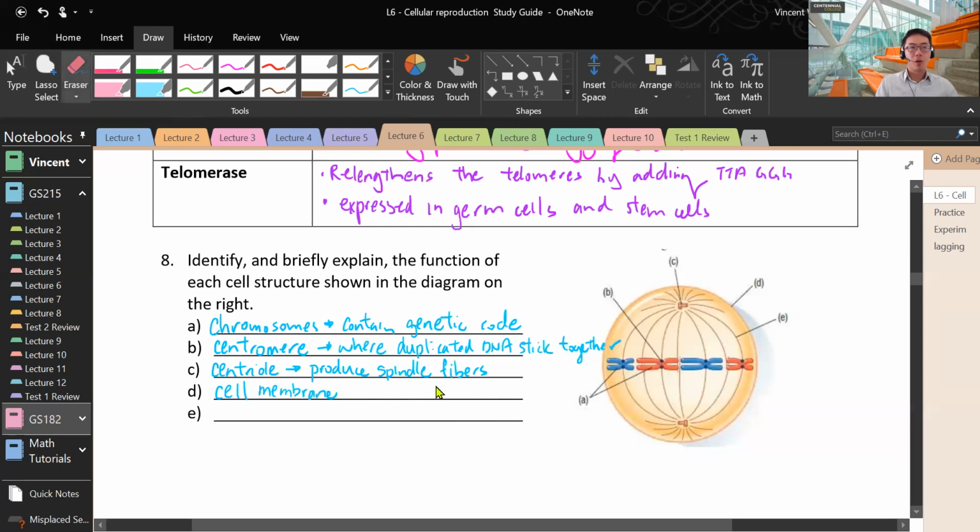I'm not going to describe it; we had a whole lecture on the cell membrane, so you should be well versed in what it does. And finally, E is pointing at the spindle fibers, which guide chromosome movements during mitosis.